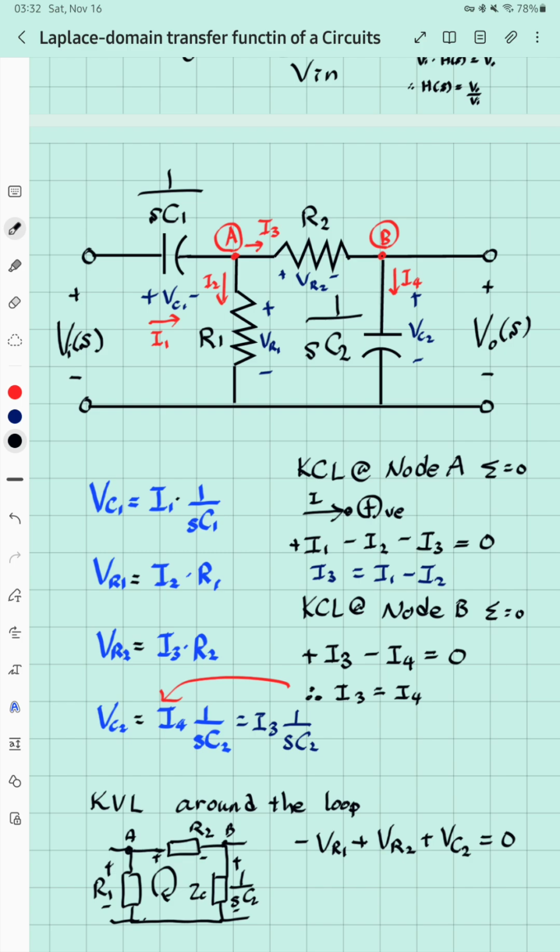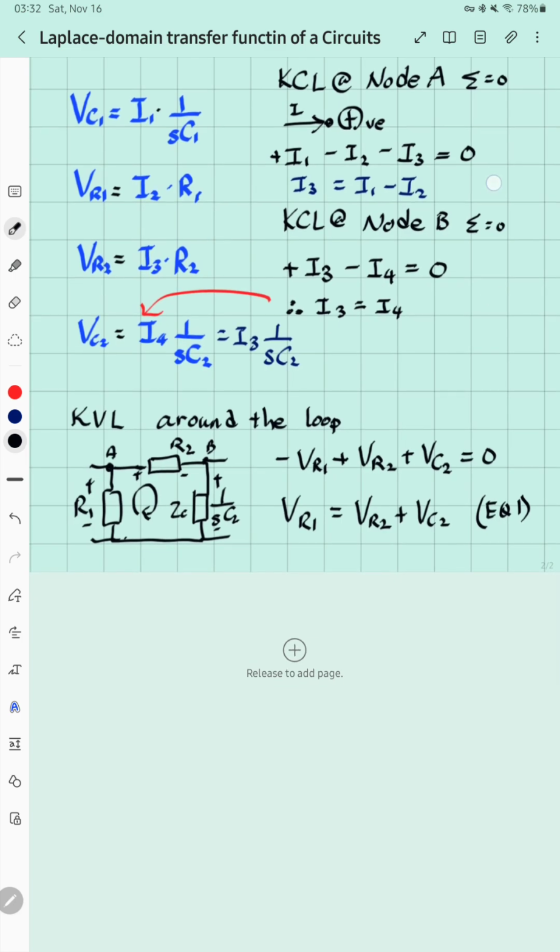So we can write it in this manner: VR1 equals VR2 plus VC2. I'll call it equation 1 since I'm going to use it.